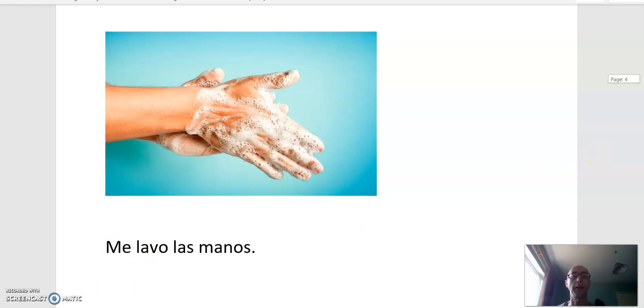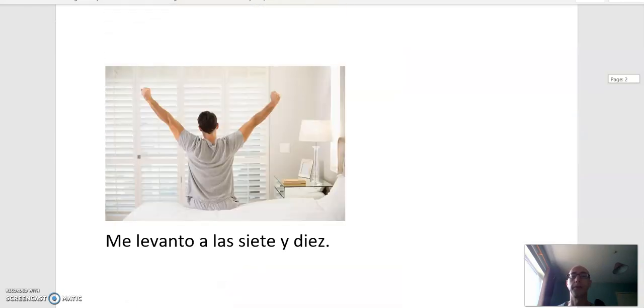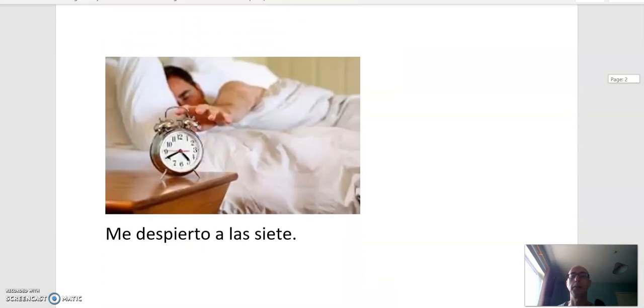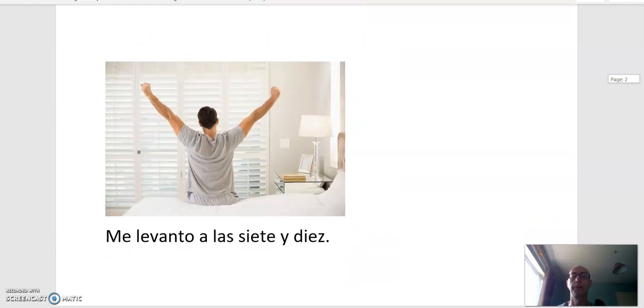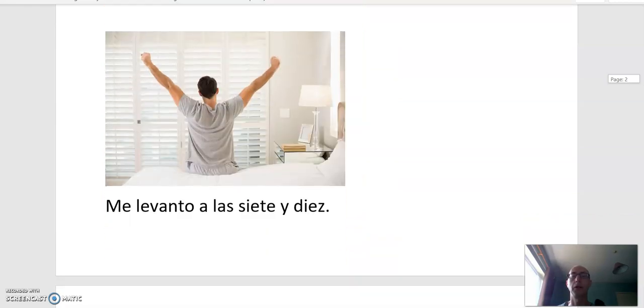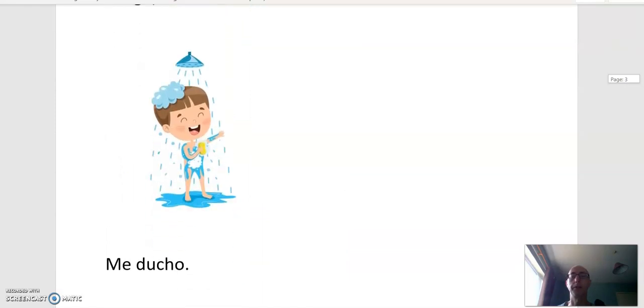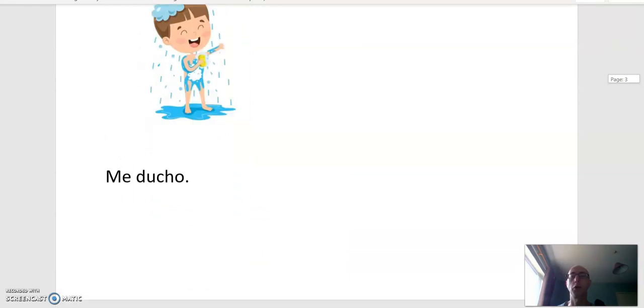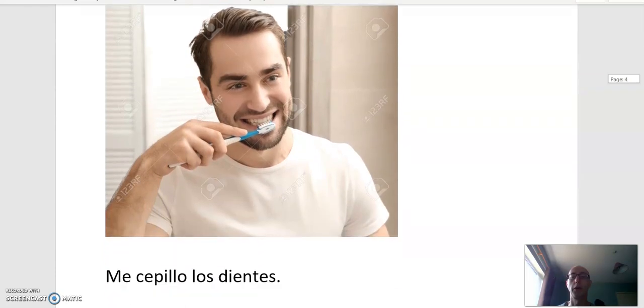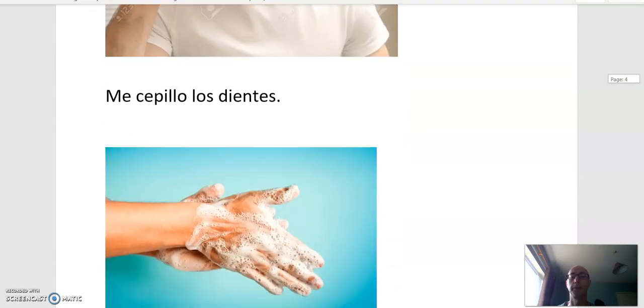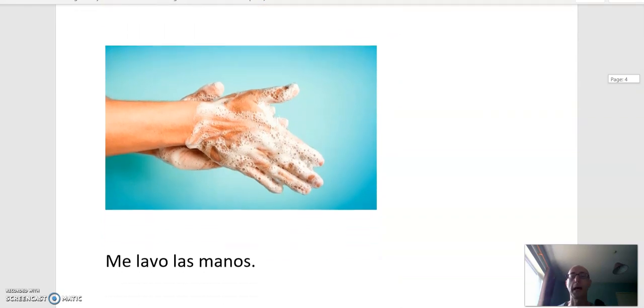So let's look again at the reflexive verbs. Me despierto. Me levanto. Me visto. Me ducho, me cepillo, me lavo.